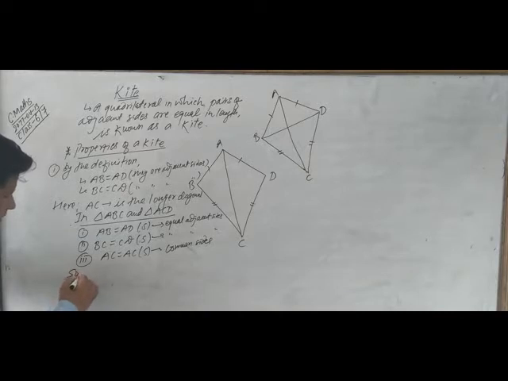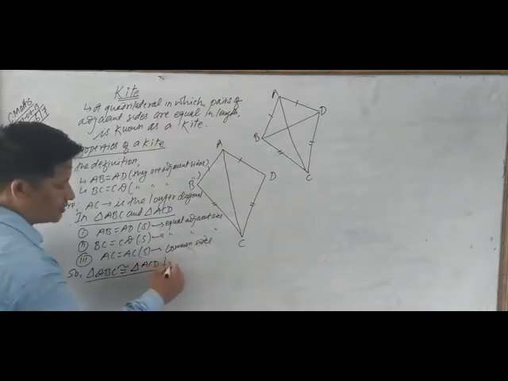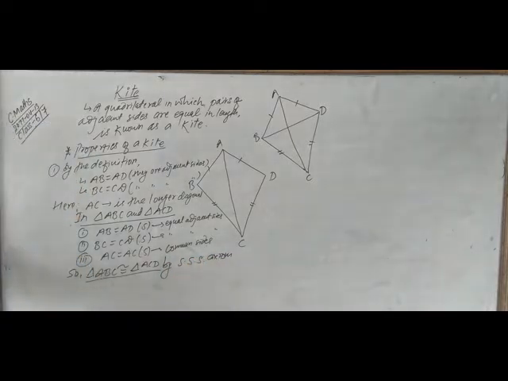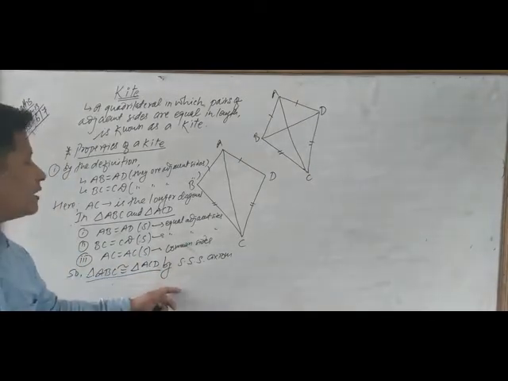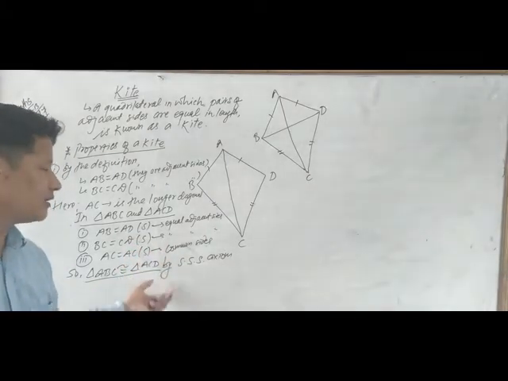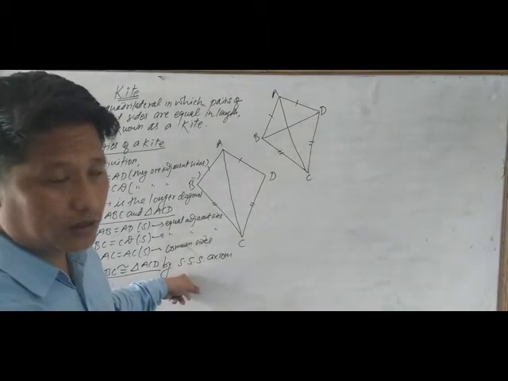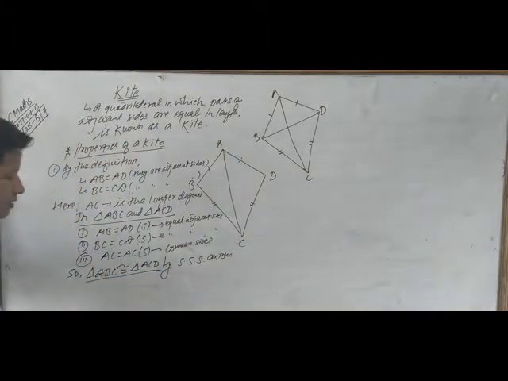So we can write here triangle ABC is congruent to triangle ACD. Because the three sides are separately equal, we can write here the SSS axiom. This is one axiom of congruency to make any two triangles congruent: if three sides of one triangle are equal to the three corresponding sides of the other, then these two triangles are congruent.